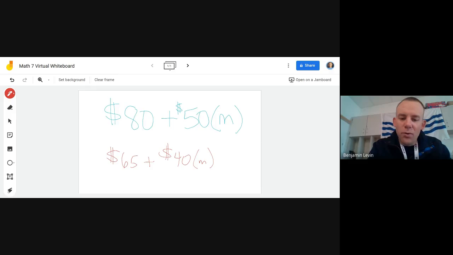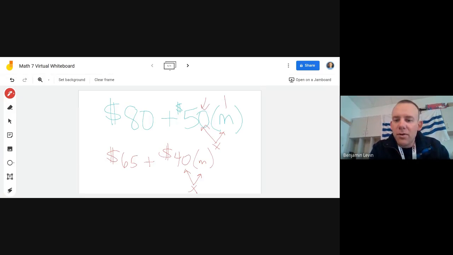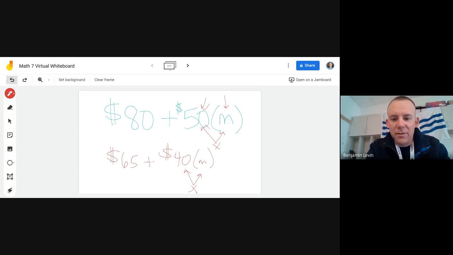And you know that when we have two things next to each other with parentheses, that means times. We talked about that. Anytime two things are right next to each other with no sign, or with parentheses, we know that's times. 50 times the number of months. 40 times the number of months. That's what we're talking about there. Get rid of all those arrows. We don't need them anymore.